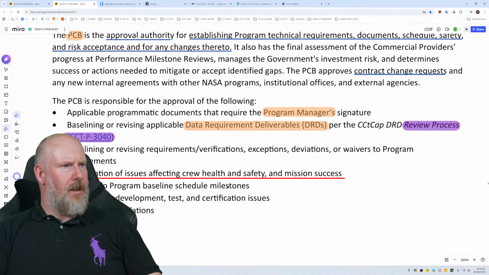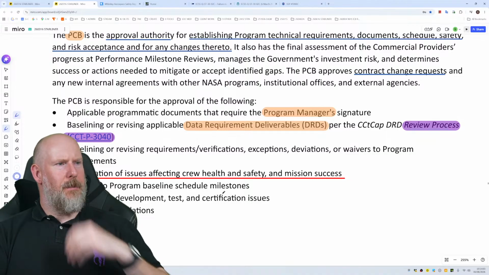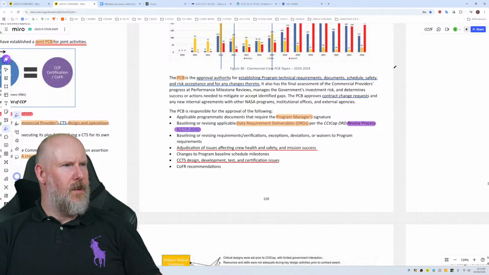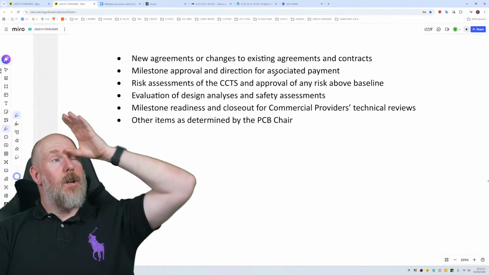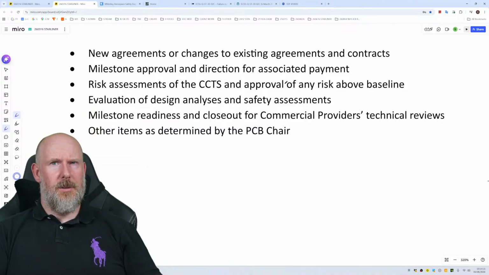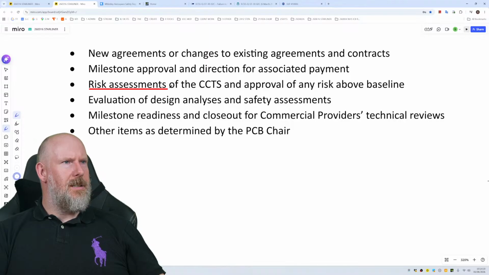Changes to program baseline schedule milestones, CTS design, development, test and certification issues, and COFR recommendations. New agreements or changes to existing agreements and contracts, milestone approval and direction for associated payment, risk assessments of the CCTS and approval of any risk above baseline.